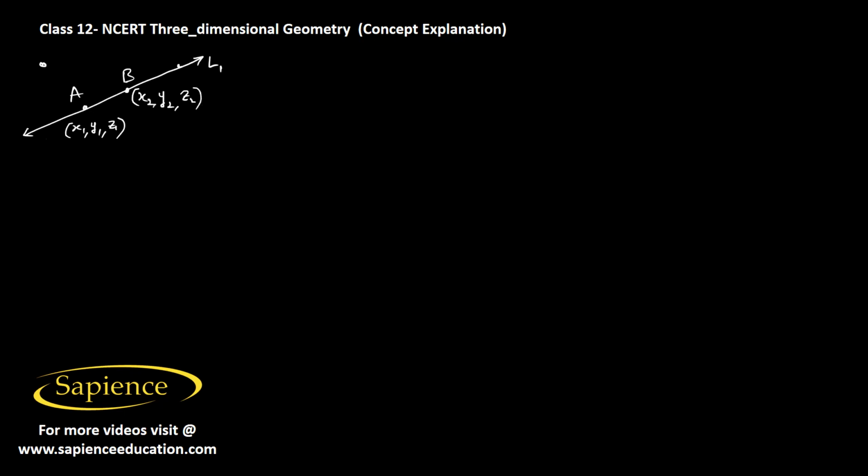Here we need to find one arbitrary point P(x, y, z) on the line. Since all three points are lying on the line L1, we can say that the vector AB is parallel to the vector AP. So we can say that the AP vector equals some lambda times the AB vector.